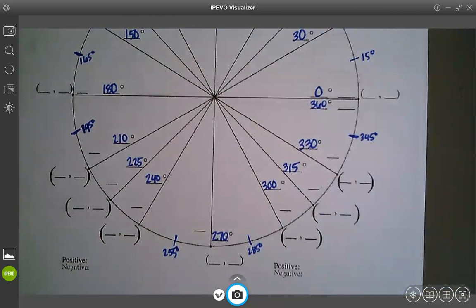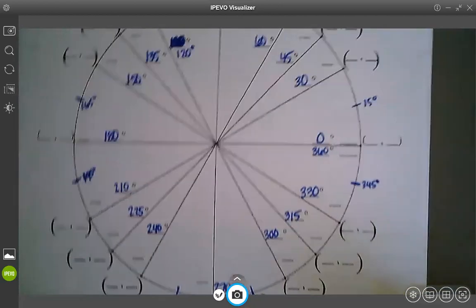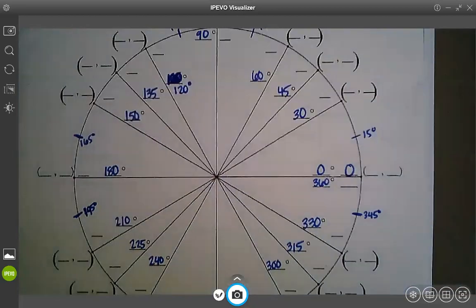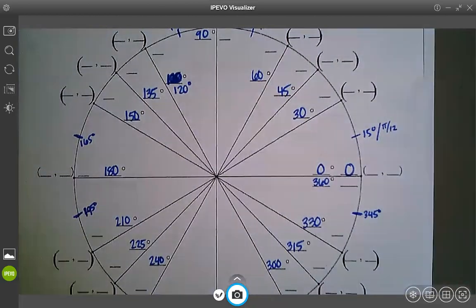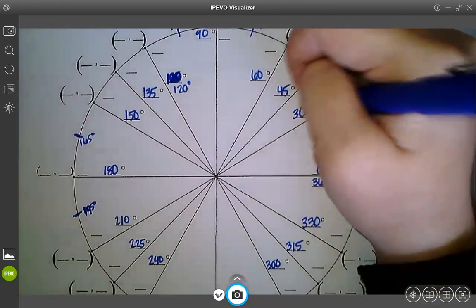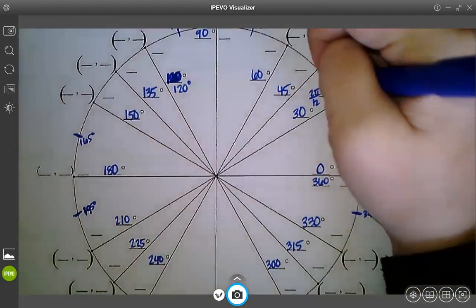Questions on the degrees? So then my radians with these extra notches are going to go up by pi over 12. So I always start with my 0. And then this one is going to be pi over 12. The next one is going to be 2 pi over 12, which you should always simplify, which would give you pi over 6.